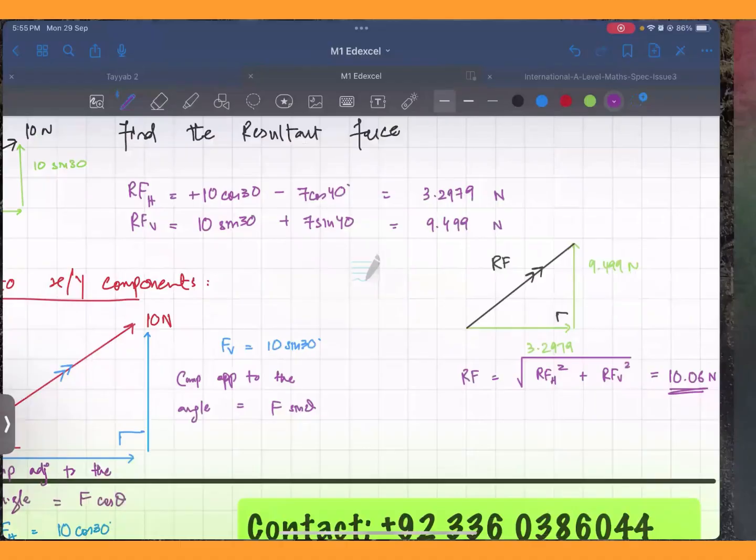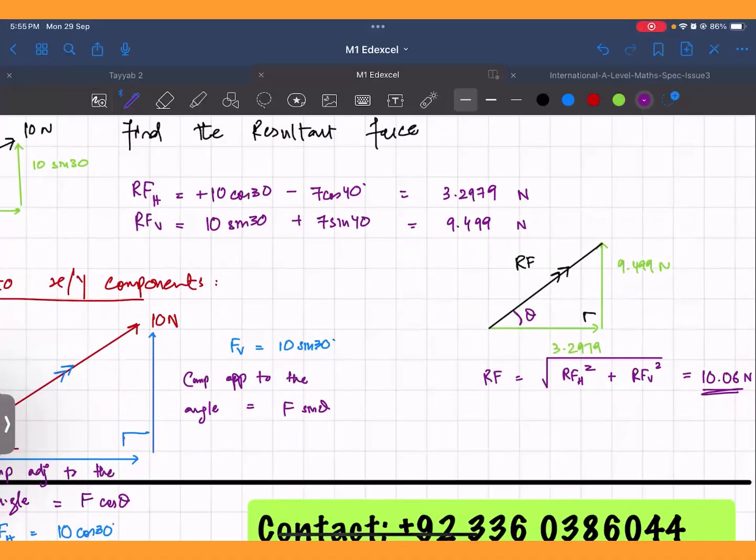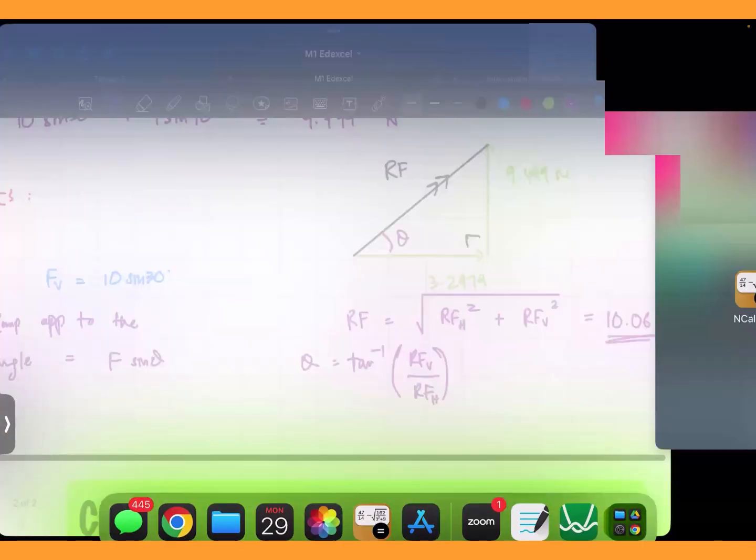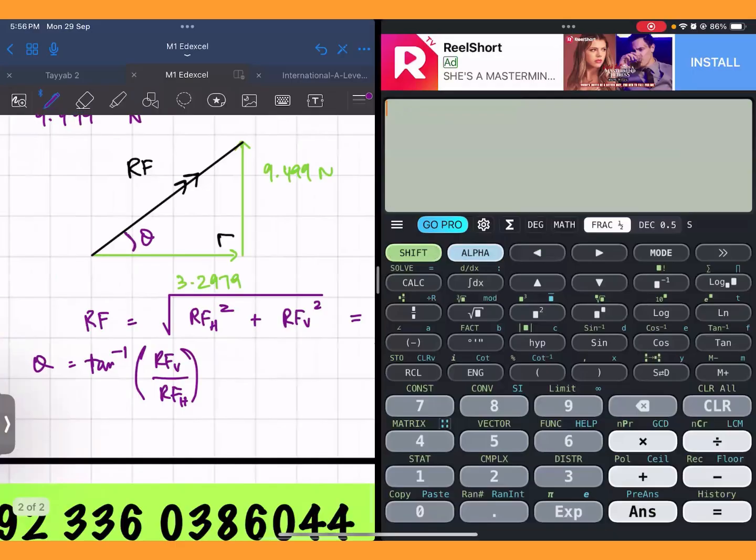And now you would also need the angle, the direction. For the direction you can use SOH CAH TOA, or you can use tan inverse of the resultant force vertical upon the resultant force horizontal. This will always give you the angle. So in this case, tan inverse of vertical 9.499 divided by 3.2979.